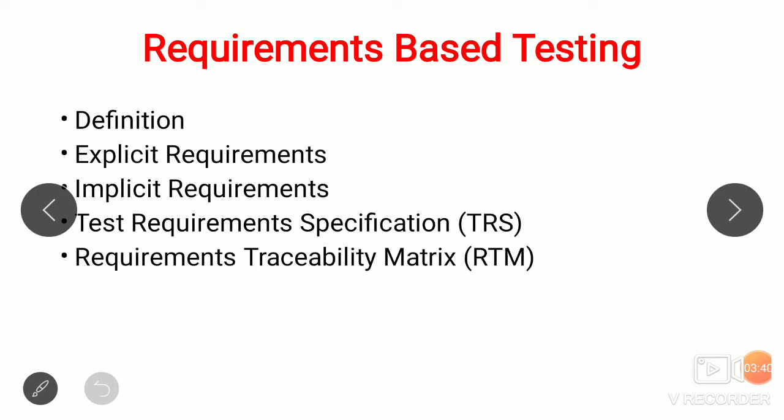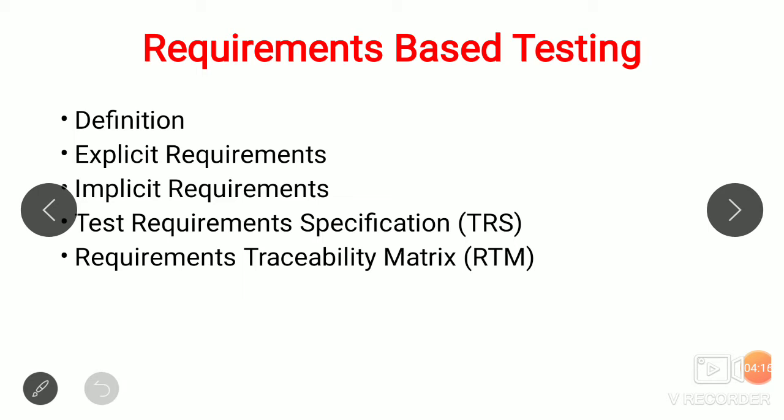As I told previously, SRS is system requirement specification. These are given by the customers. Means explicit requirements are called SRS, and TRS means combinedly, implicit as well as explicit requirements are collected and documented as TRS, test requirement specification. For 2 marks they may ask the full form of SRS and TRS. SRS is system requirement specification and TRS is test requirement specification.